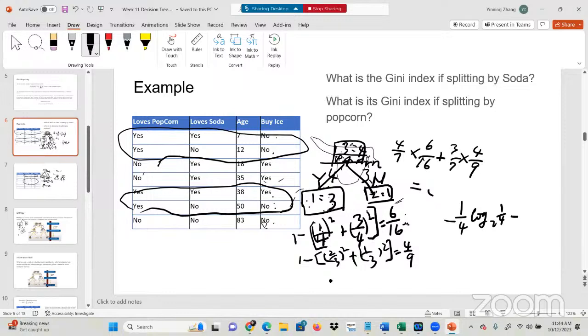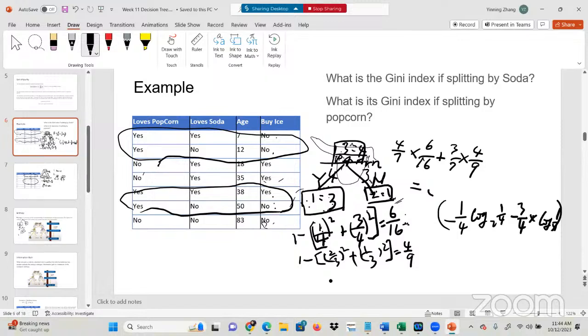It's actually exactly the same, you see. And then the entropy of this one has a value, obviously.